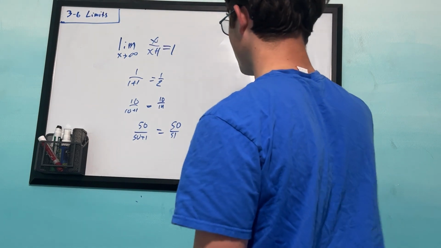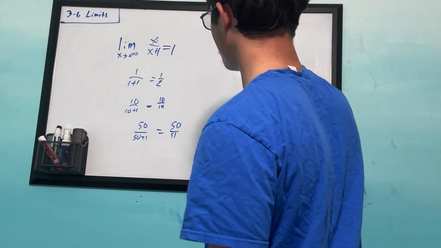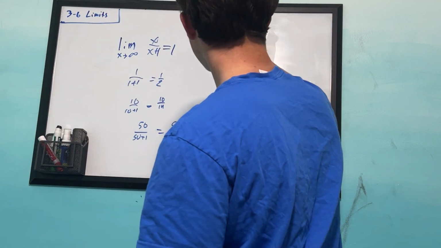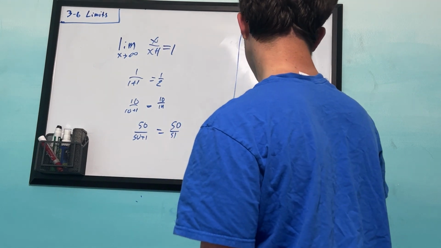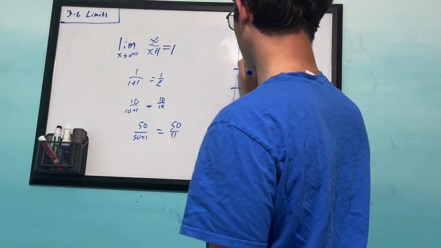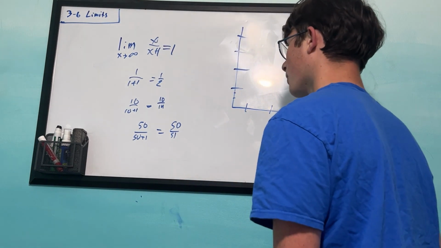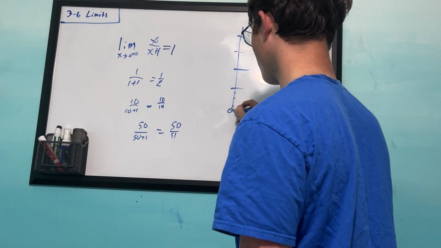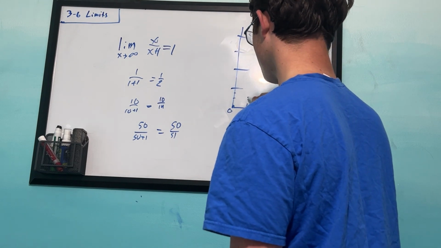And another way we can show this is if we graph this out. At 0, we have 0 here. At x equals 1, we have 1/2.